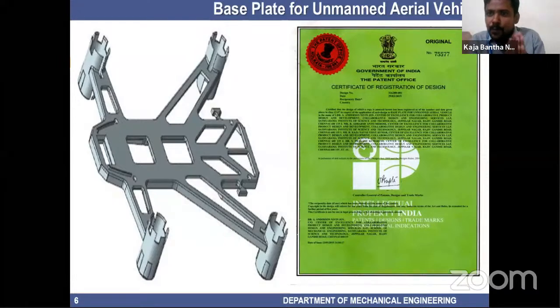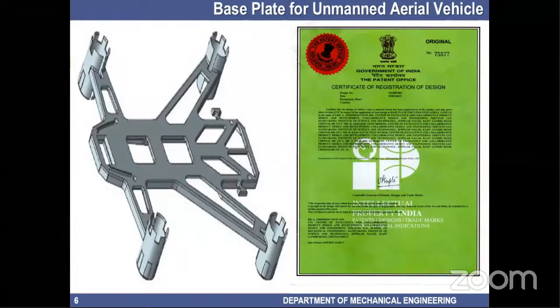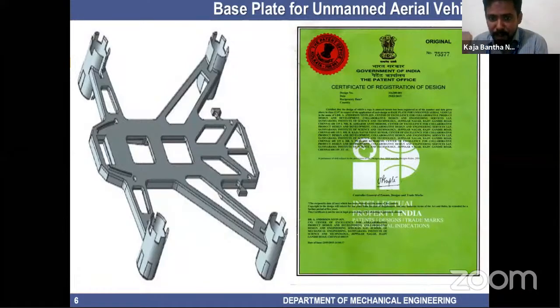From the idea, we are converting. The students are telling one-line ideas. We are developing and doing ideation. We are making the prototype, and finally we are applying for patents. We applied for patents in the students' names. For example, you just see the certificate. It's a design patent certificate. We got it barely in six months.